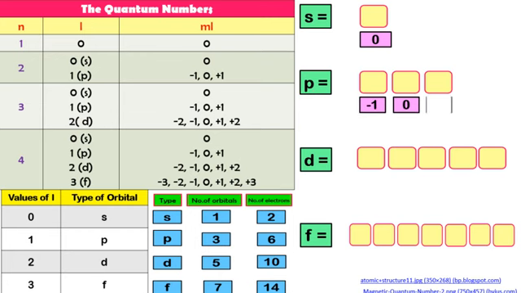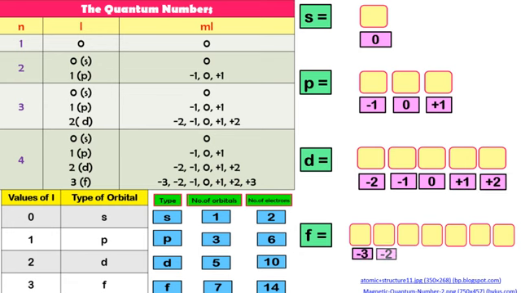So when you see P, it will equal negative 1, 0, and positive 1, talking about ML. In the D, we will start at negative 2, negative 1, 0, positive 1, and positive 2. And in the F, we have negative 3, negative 2, negative 1, 0, positive 1, positive 2, and positive 3.